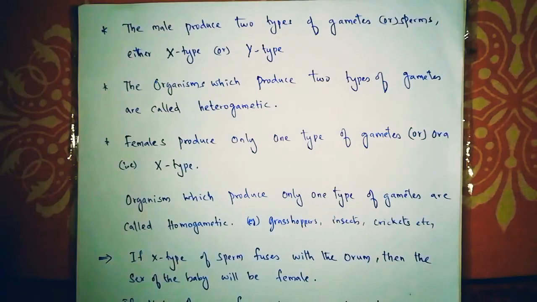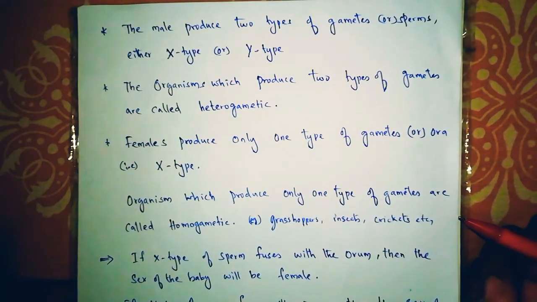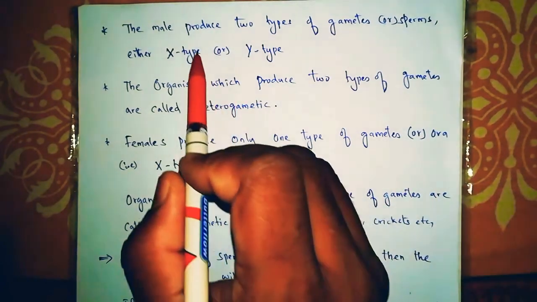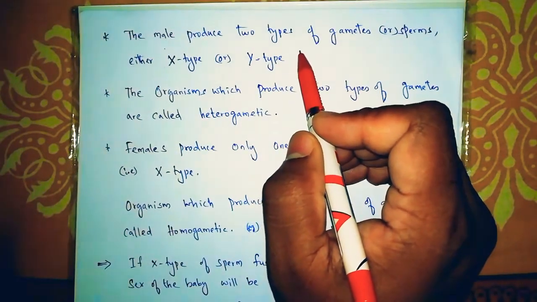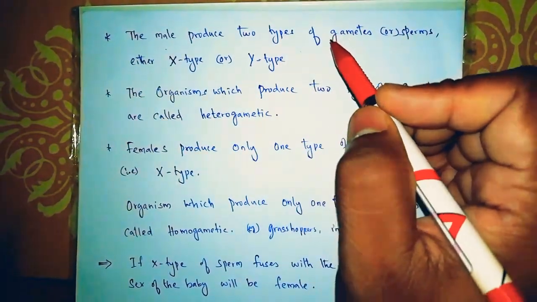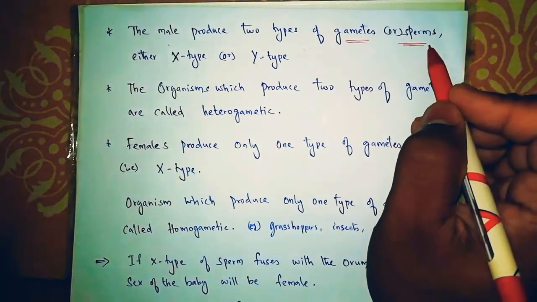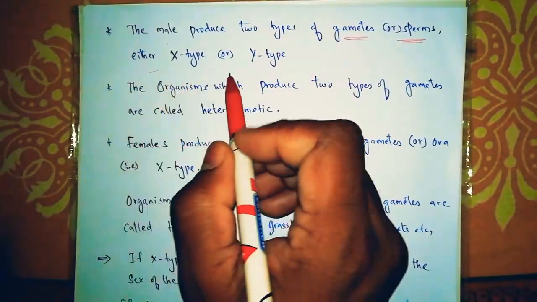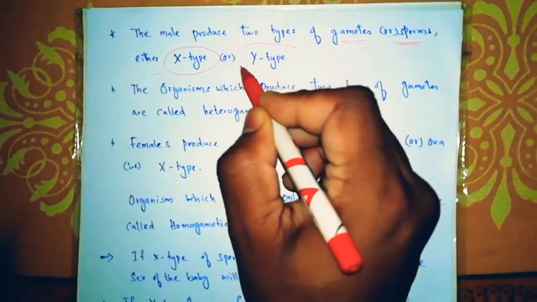Let's learn more deeply about this, what is actually X and what is actually Y. If I take male, male produces two types of gametes. The male gamete, you all know, is sperm, right? And in sperm, they have either X type or Y type.